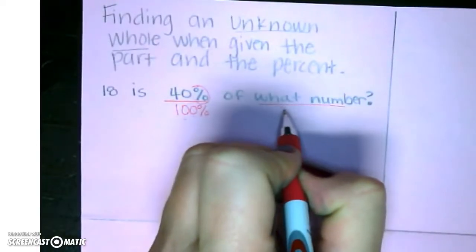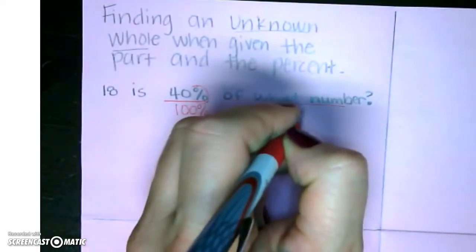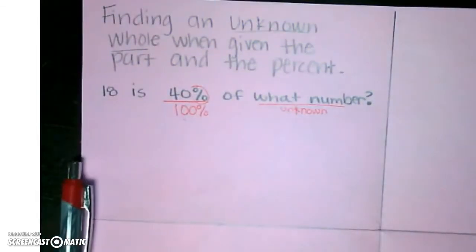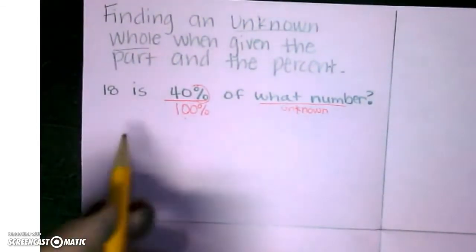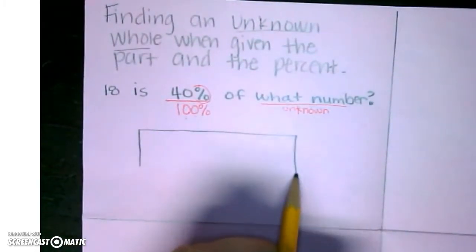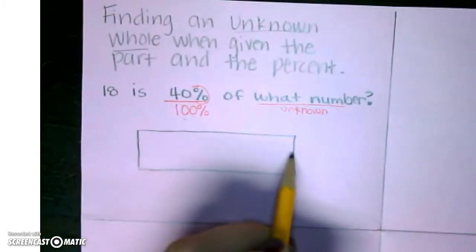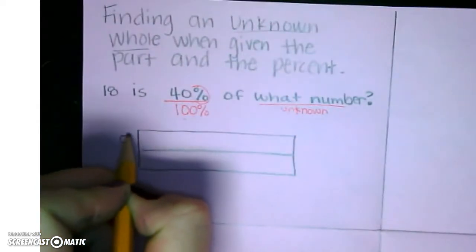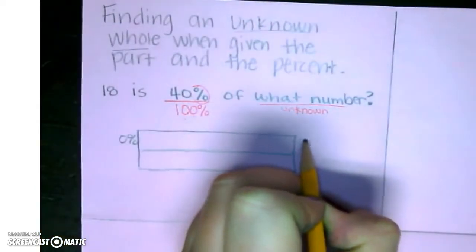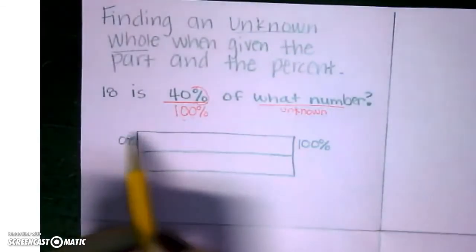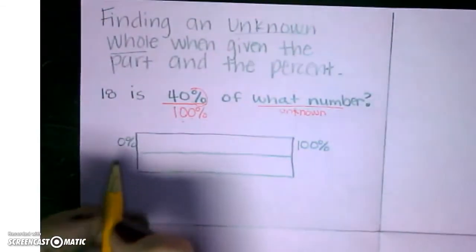This right here is our unknown. We don't know what 18 is 40% of, so we're going to build a model to find out. So let's start with our rectangular diagram. Technically, this is a double bar diagram. Our top bar is going to represent percents, and percents always go from 0 to 100.